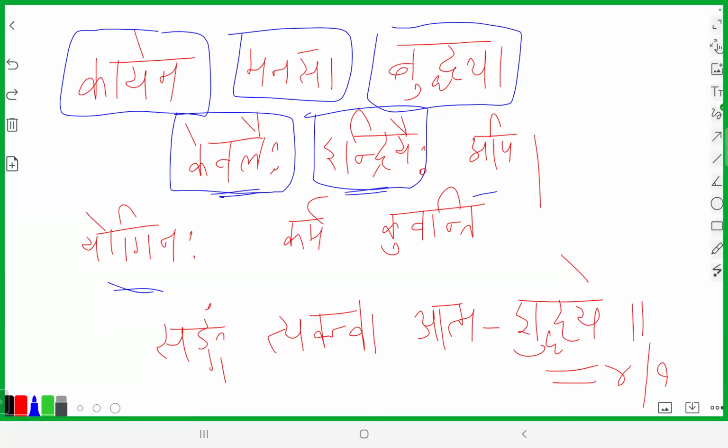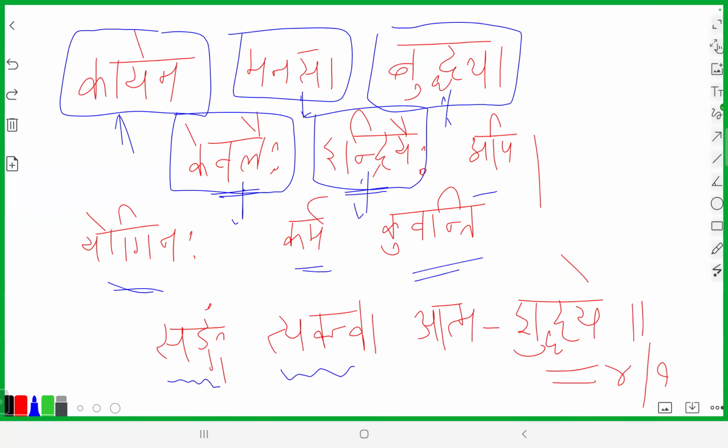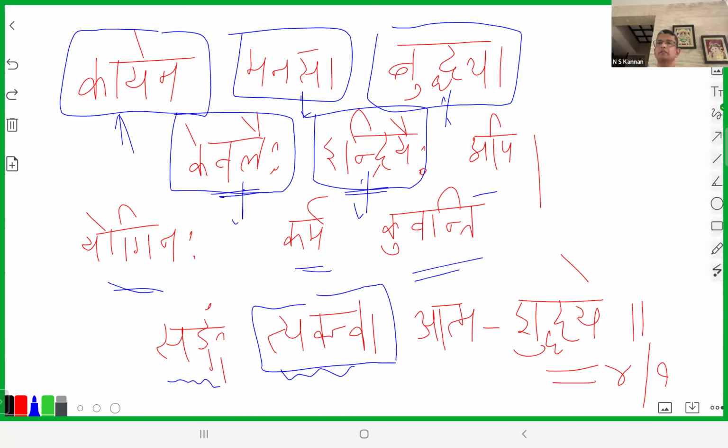Yoginaha karma kurvanti. The yogis do karma. How? With the help of their body, mind, intellect and indriyas. Sangam tyaktva, having thrown away attachment, with the tva ending.